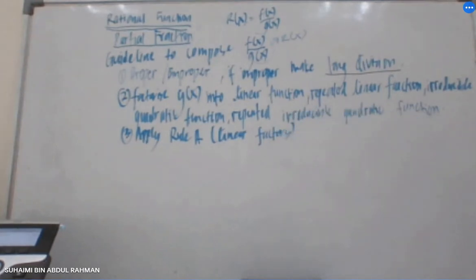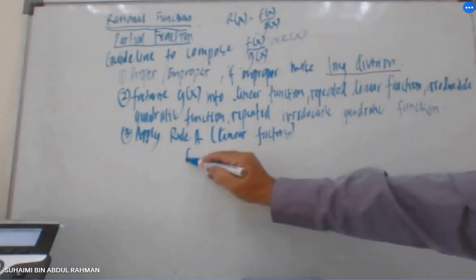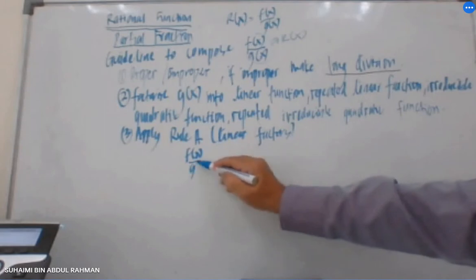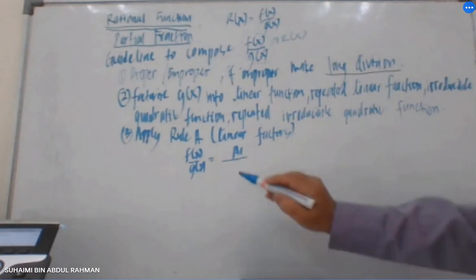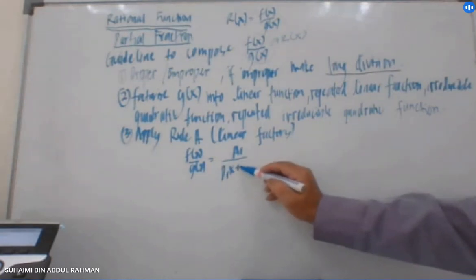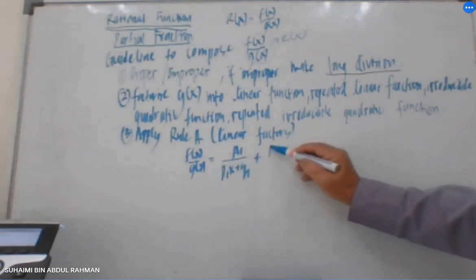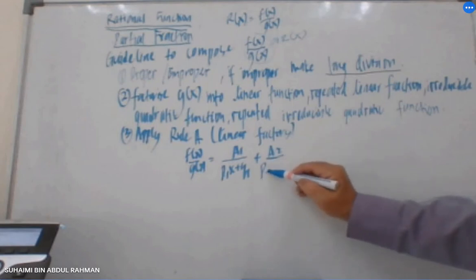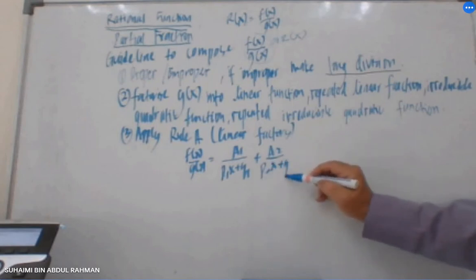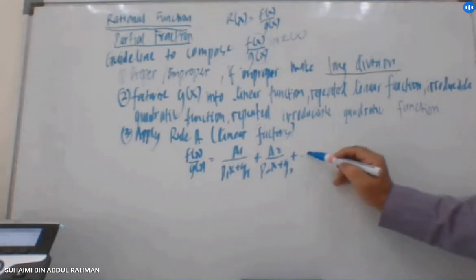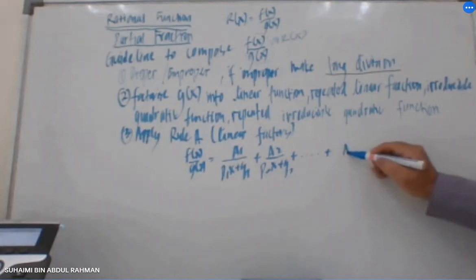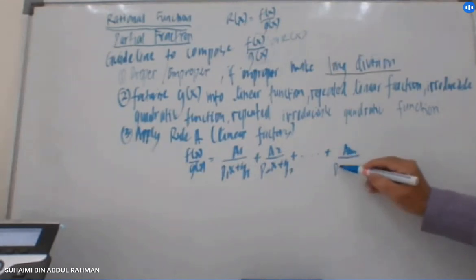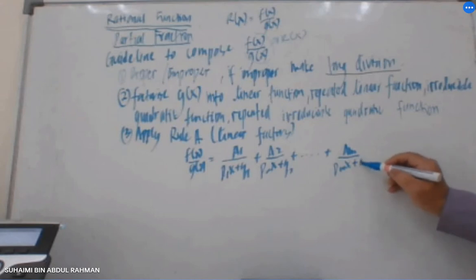After we have linear factors, f(x) over g(x) will be written as a1 over p1x plus q1, plus a2 over p2x plus q2, plus until am over pmx plus qm.